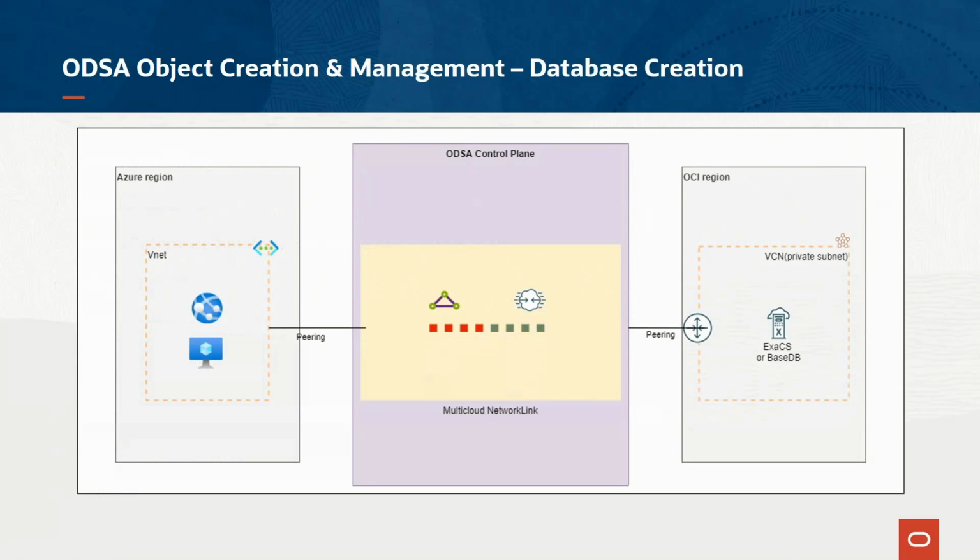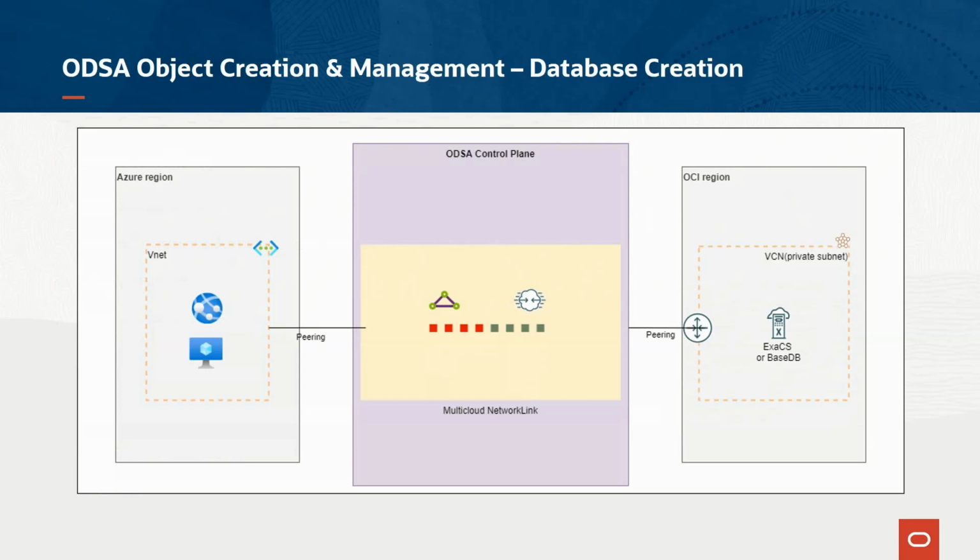So this is a picture that everybody will hopefully be familiar with. This is a normal ODSA picture with the VNet, with your application on the left-hand side in your Azure, and then ODSA, magic box, and the database on the right side in the VCN that has been created by ODSA.